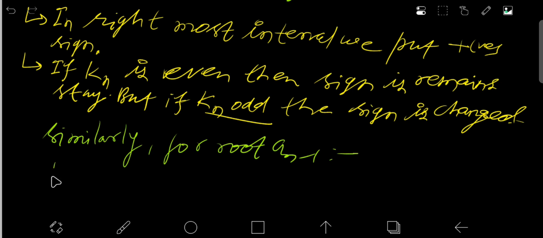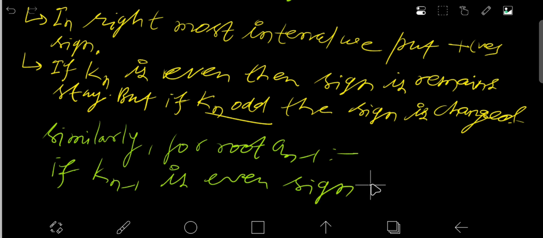Okay, if kn minus 1 is even, then the sign does not change, means it remains, stays, not changed.